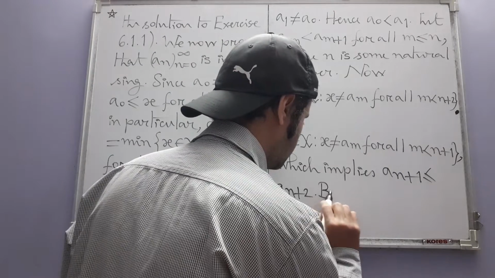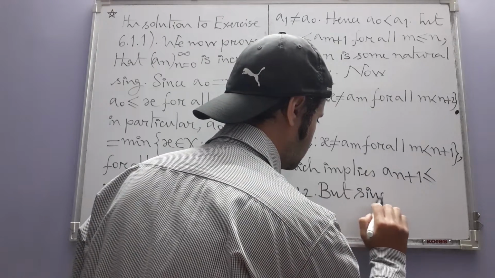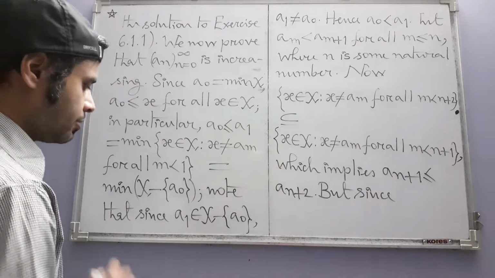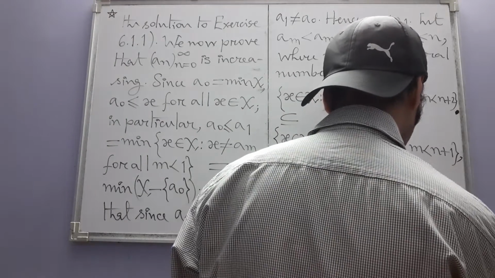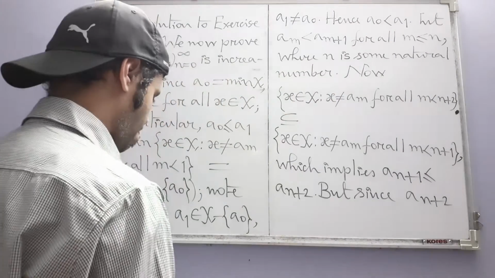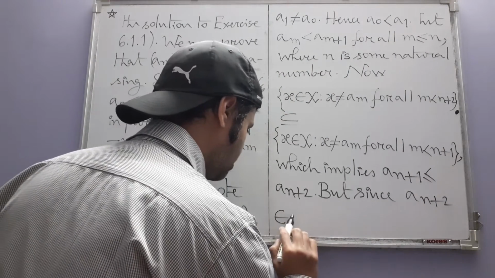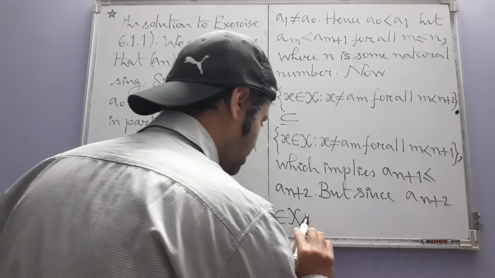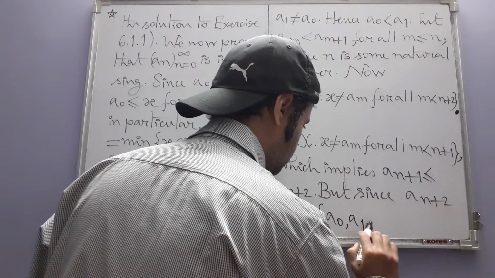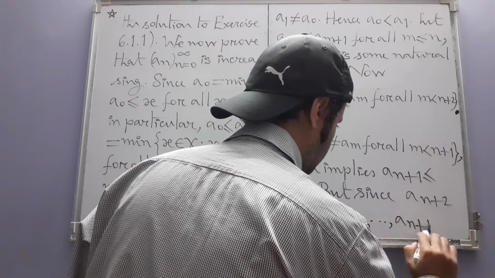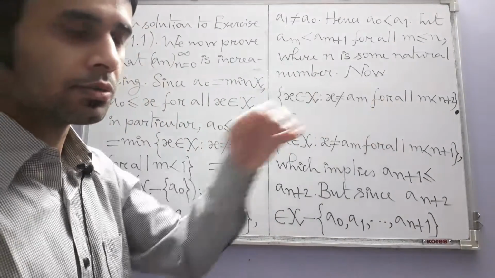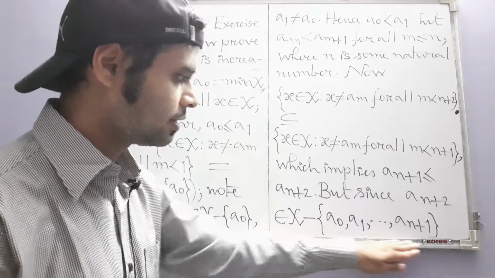But since a_{n+2} actually belongs to x minus this set, because that's what we have here, this condition translates into this.